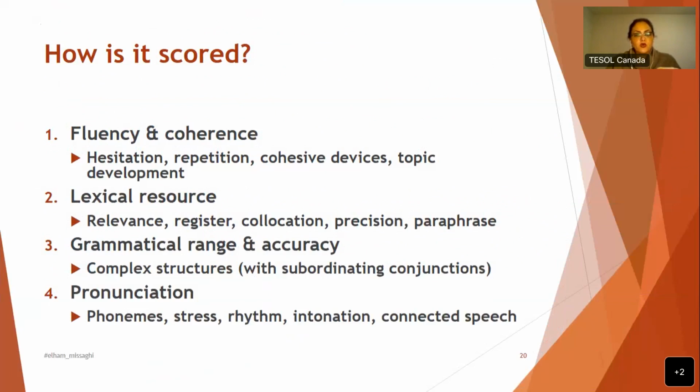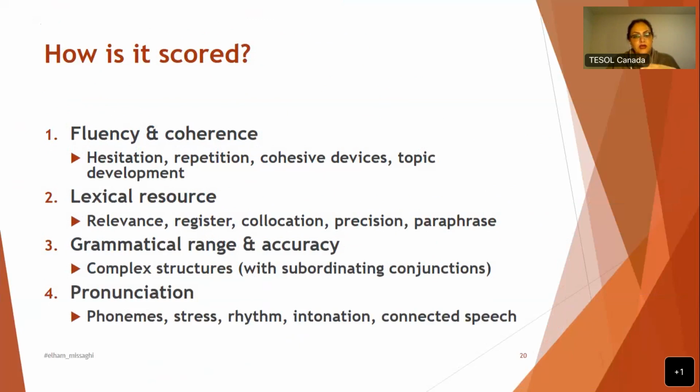So how's it scored? Fluency and coherence, 25%. It refers to hesitation, repetition, cohesive devices, topic development. Lexical resource, relevance, register, using collocation, precision, paraphrasing, not repeating the word on and on, 25%.